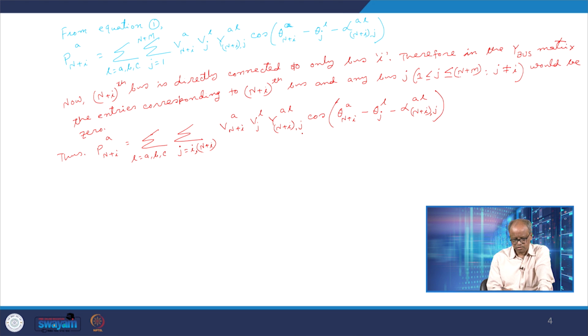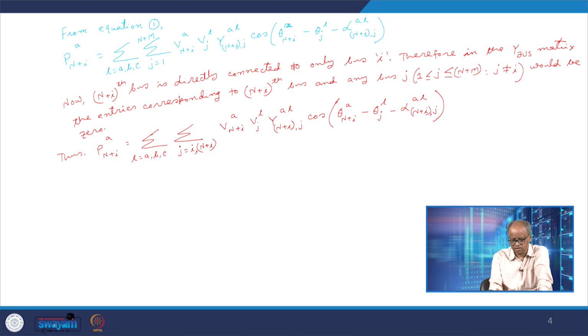Here there will be only 6 entries. When I say 6 entries, I am treating this entire multiplication as one single entry, right? So when l is equal to a, j is equal to i; l is equal to b, j is equal to i; l is equal to c, j is equal to i; and then l is equal to a, j is equal to n plus i; l is equal to b, j is equal to n plus i; and l is equal to c, j is equal to n plus i.